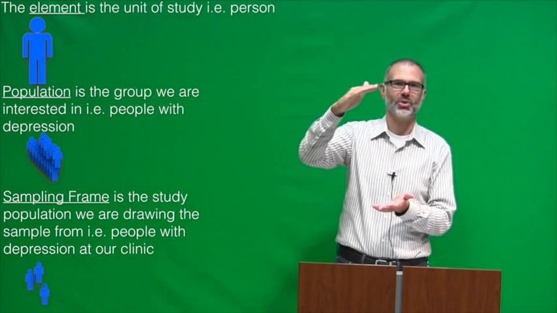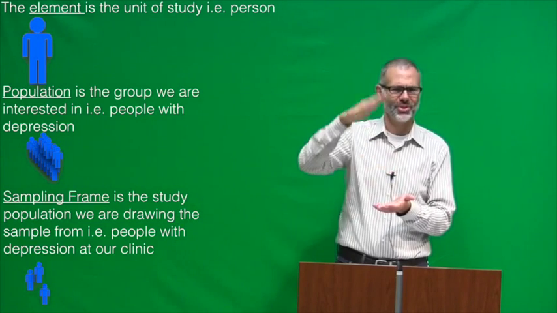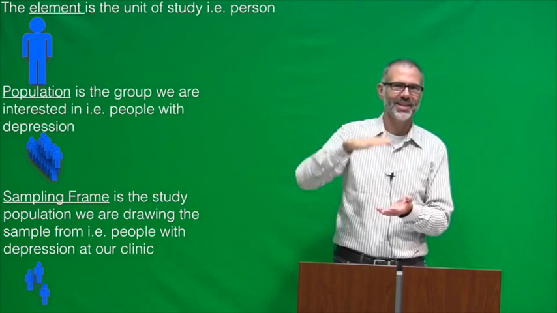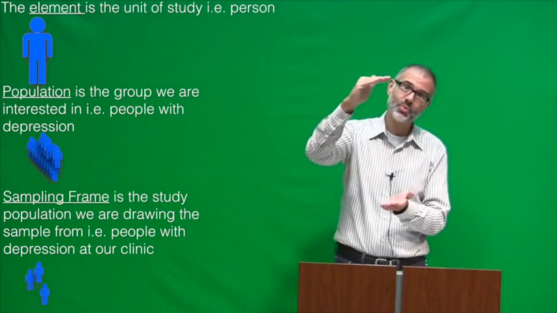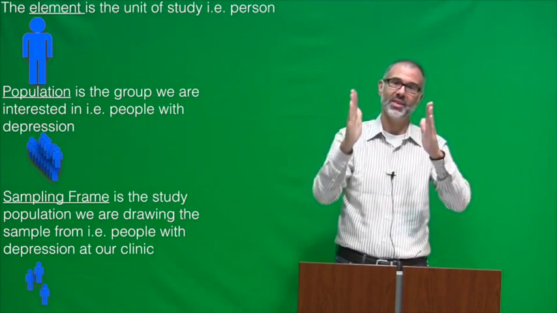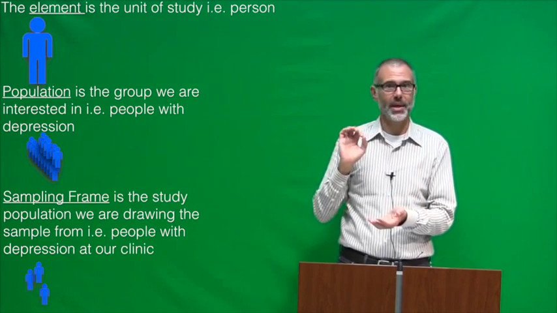I don't know what the organization's called, but there's some organization that represents all of the mental health clinics. And I can get a list from them, and then I can randomly select from that population. But that list would then become my sampling frame, the thing that I use to draw my sample from.